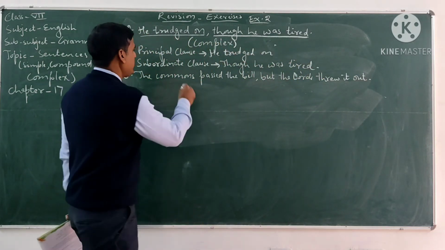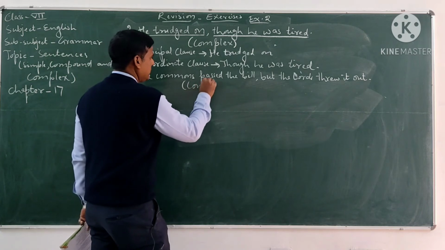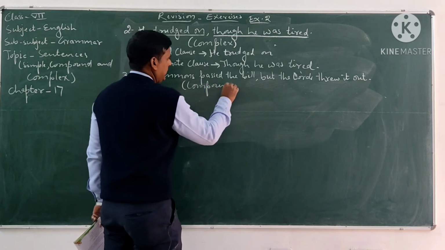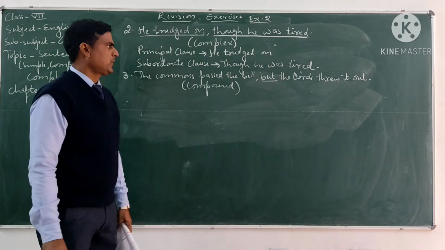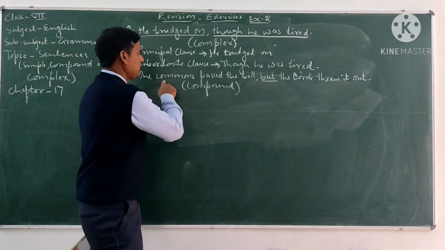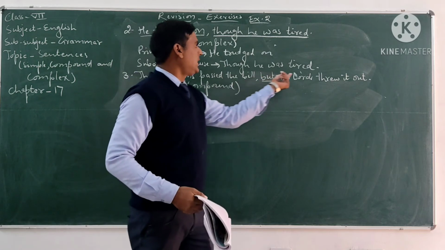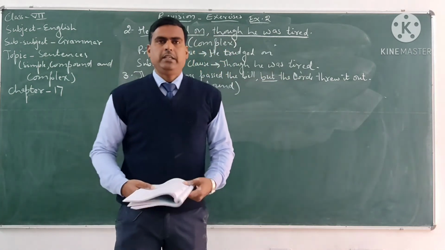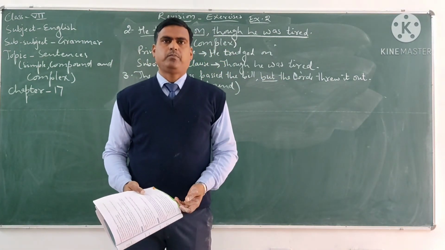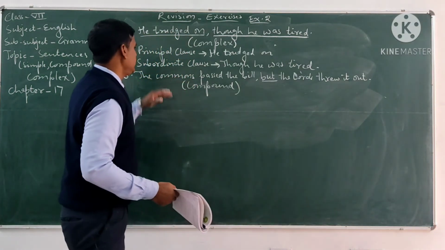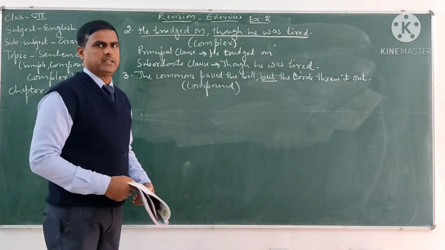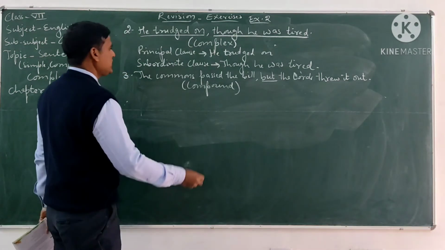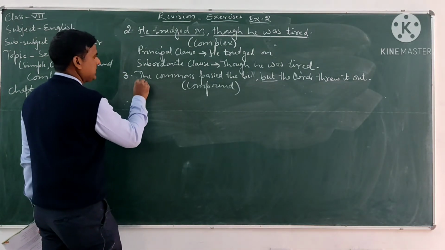This is a compound sentence. It is joined with a coordinating conjunction. These two clauses are independent clauses. That's why this sentence is a compound sentence.